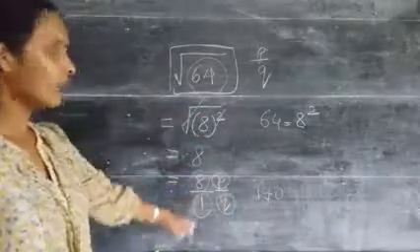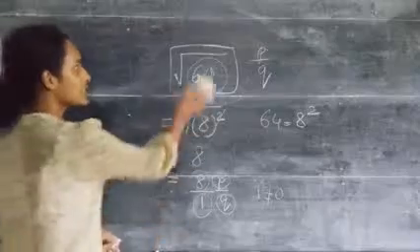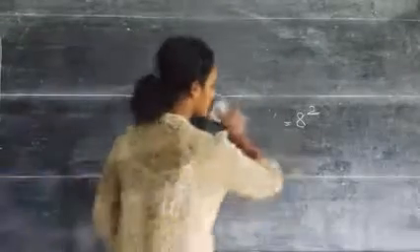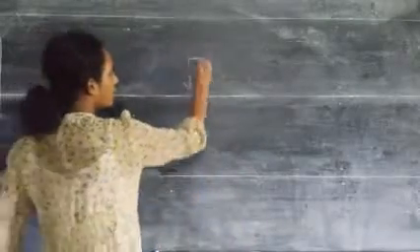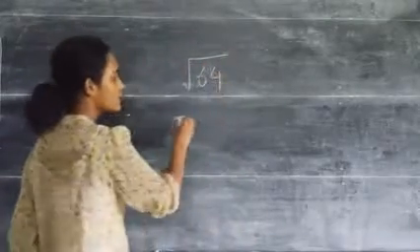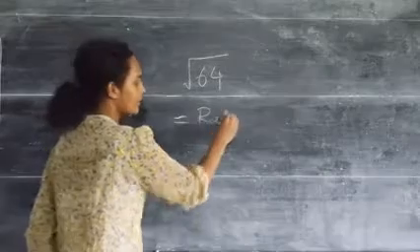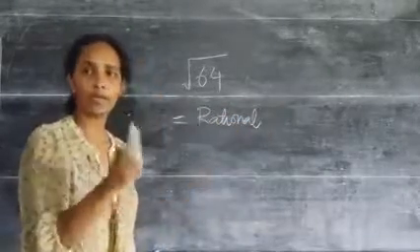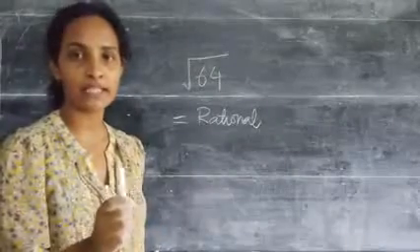But without doing any of these, just by looking at root 64 itself, I know that this is a rational number. How do I know? Because of the method that I taught you. What is the method that I taught you?